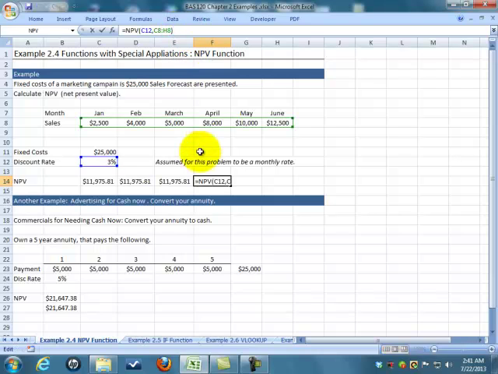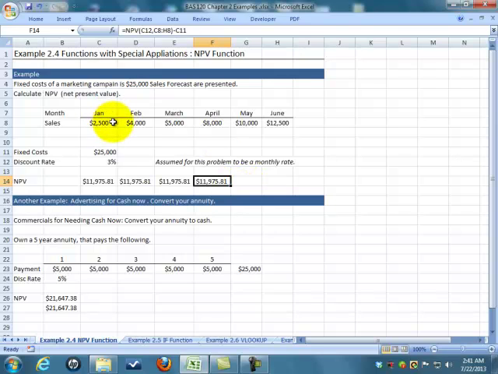So the net present value calculated the value of these inflows. Now I've got to subtract the cost and I don't have to do any net present value on the $25,000 because that's what I have to outlay today. So I subtract my $25,000, and there's the net present value of my inflows minus my one-time cost, the $25,000, is a net positive of $11,975.